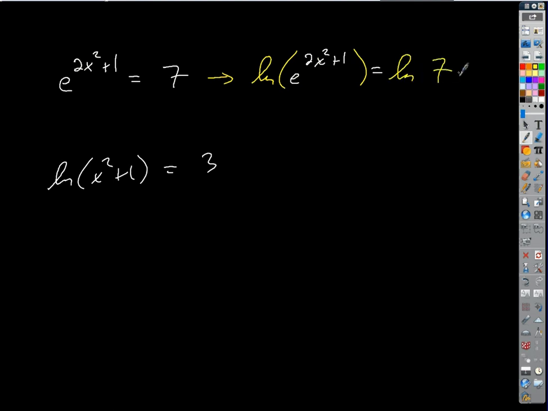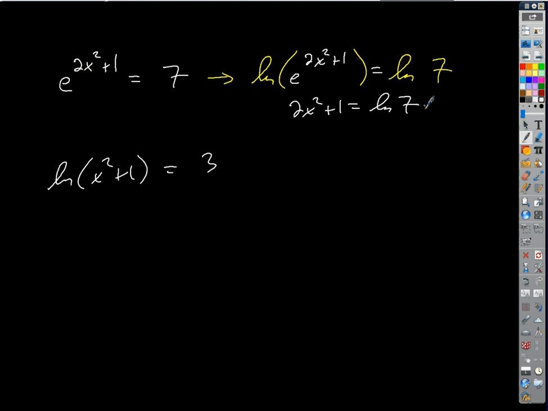And the natural log undoes the base e exponential, so I end up with just 2x squared plus 1 equals the natural log of 7. I'm not going to go from there, because that's just a very inconvenient number. But I could subtract 1, divide by 2, and take the square root of both sides, getting some really bizarre plus or minus square root. But the point is, the hard part was getting it out of the exponent.